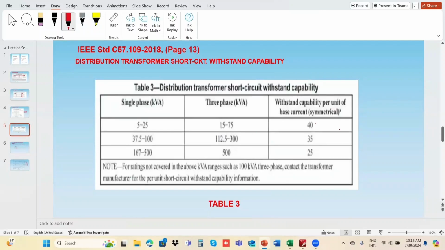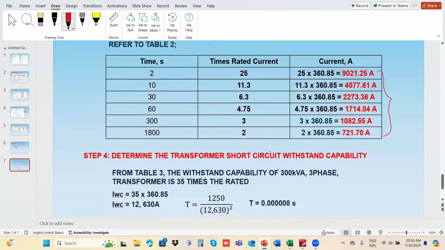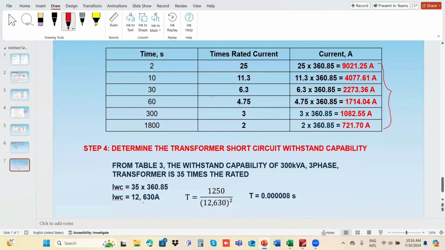So the 300 is here. So meaning the withstand capability per unit of base current is 35. So 35 multiplied by the rated current is equal to 12,630 amps, meaning this is the withstand capability of the 300 kVA transformer.